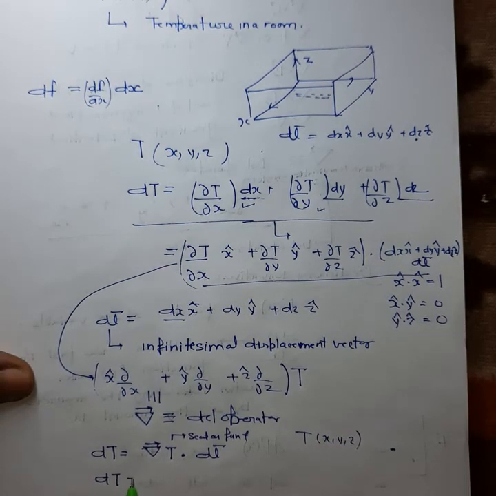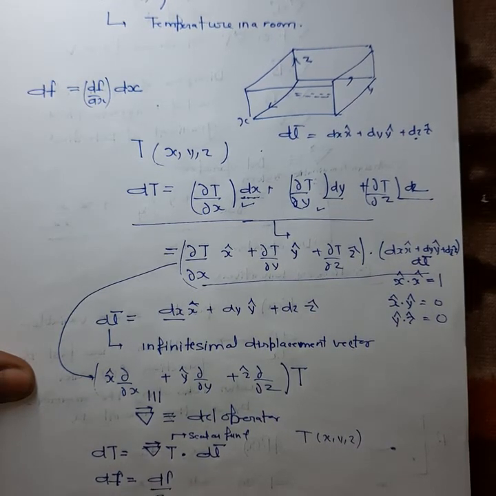If you take the correspondence of the one dimensional case, you will see that del T was like df by dx, where f was the function of one variable.